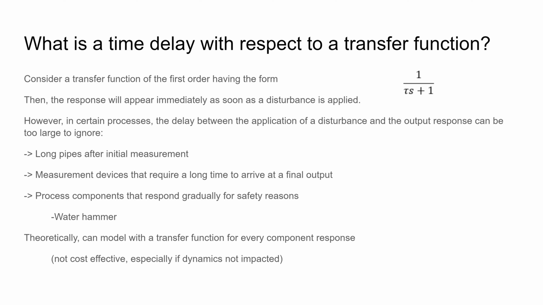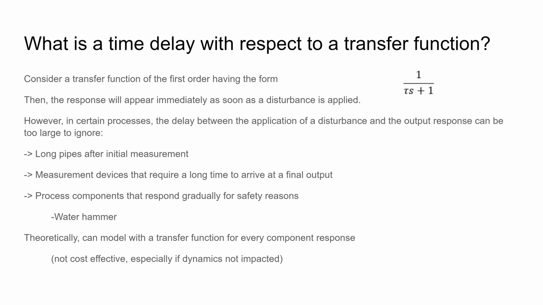If you've got some pipe of constant cross-sectional area and some incompressible fluid, then you would apply a transfer function to that, and you would simply multiply that in series with the transfer function of the main process.